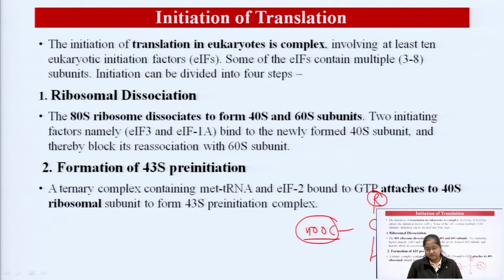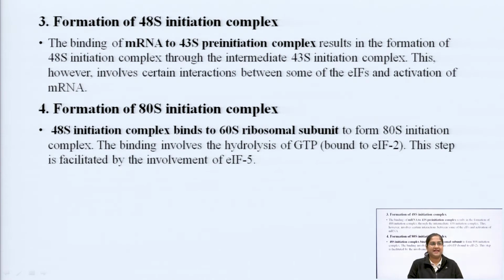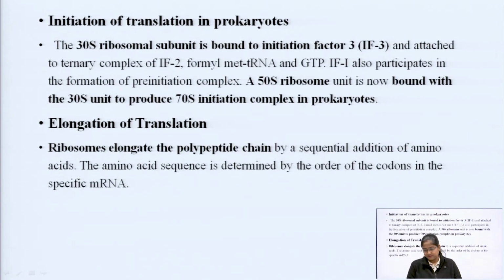First of all, we dissociate the 80S ribosome into 40S and 60S, then the 40S ribosomal subunit becomes the 43S pre-initiation complex, then it becomes the 48S initiation complex, and finally there is an incorporation of the 60S subunit with the 48S initiation complex, and we get our 80S initiation complex. Now that means the complex is ready for the synthesis process.